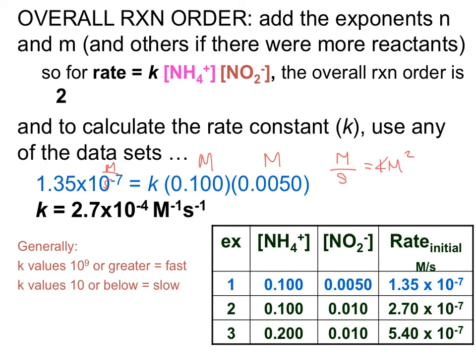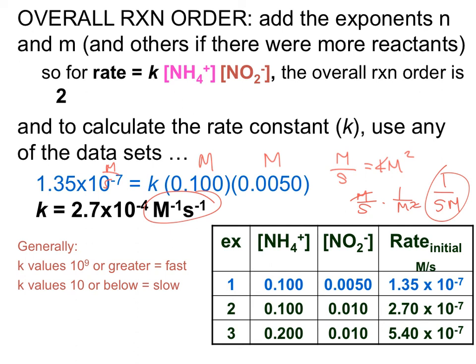When I go ahead and isolate K by dividing it out, what I'm actually getting is M over s times the reciprocal, or 1 over M squared. In that situation, molarity and molarity cancel, so I'm left with 1 over seconds times molarity. Another way to express this is by showing that they are to the minus 1 power, indicating that they're below that 1 in terms of units.